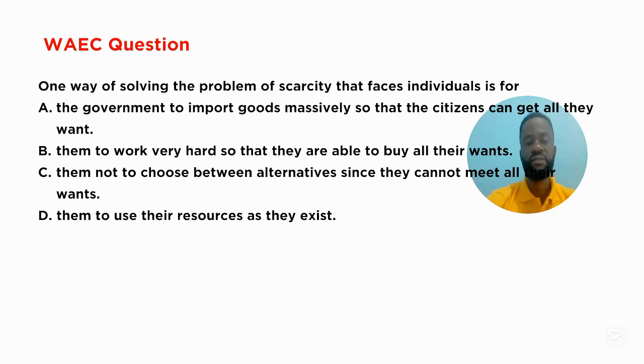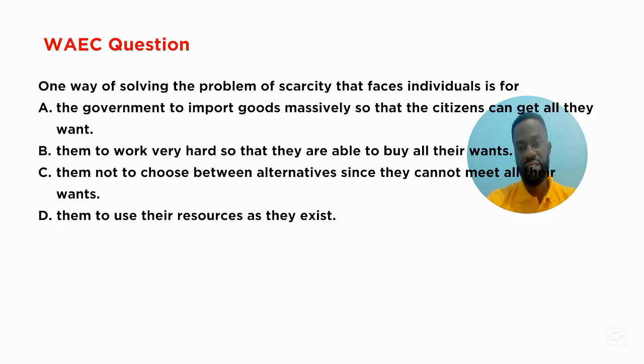Next question. One way of solving the problem of scarcity that faces individuals is for dash. A. The government to import goods massively so that the citizens can get all they want. B. For individuals to work very hard so that they are able to buy all their wants.